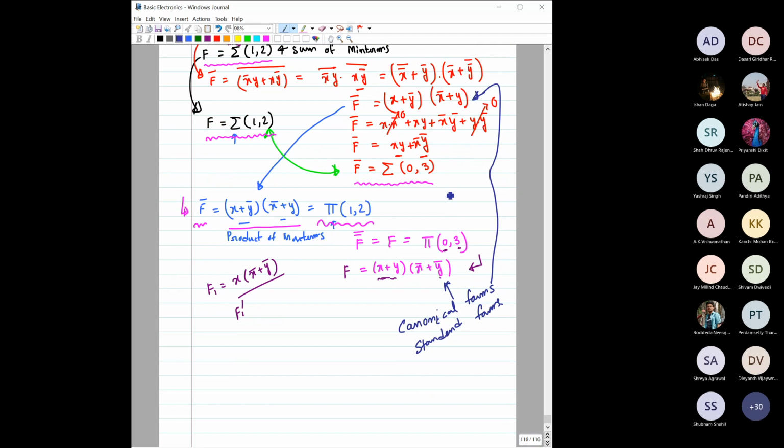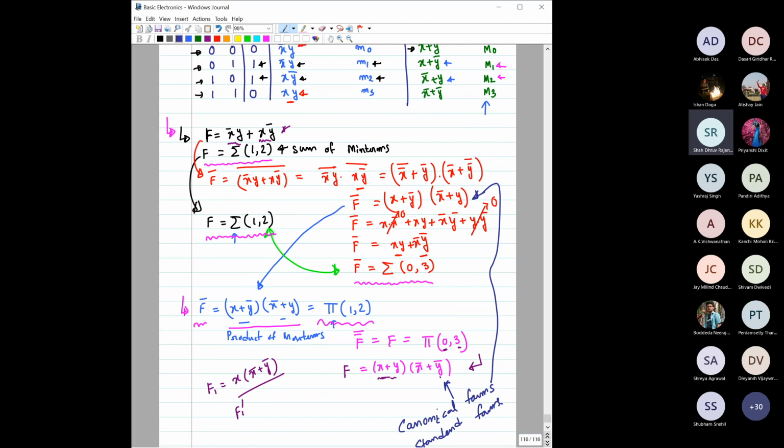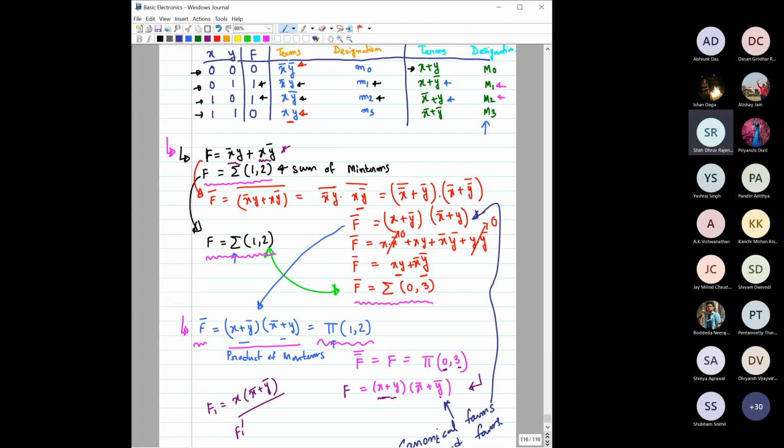Sir, we can say that for the max terms, we take the product of the terms which have zero as the output, and for the min terms, we have to add the terms which are getting one as the output. I think the similar thing is also coming from here, isn't it? For the sum of min terms you have taken one.